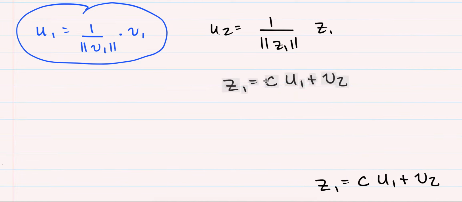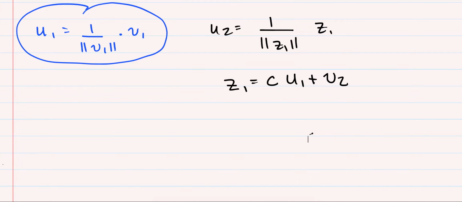Actually, I'm going to move it here. This is our Z1, and for Z2 we're just going to take 1 over the length of Z1, multiply it by Z1, and that'll be U2. And I want to force that the inner product of Z1 with U1 is equal to 0.